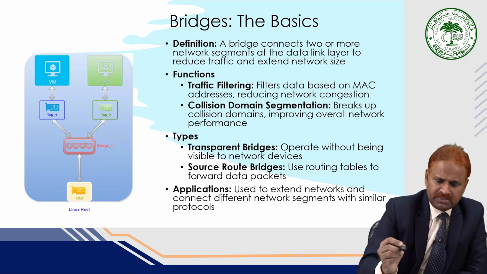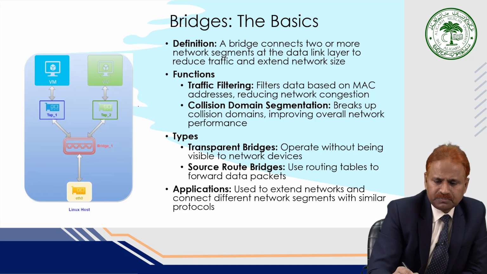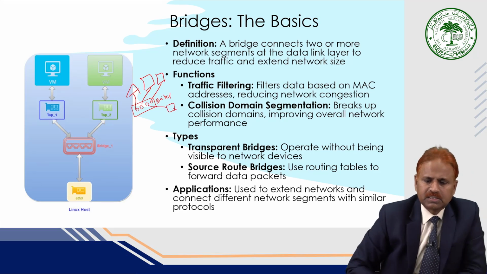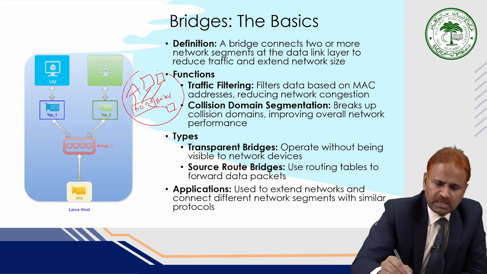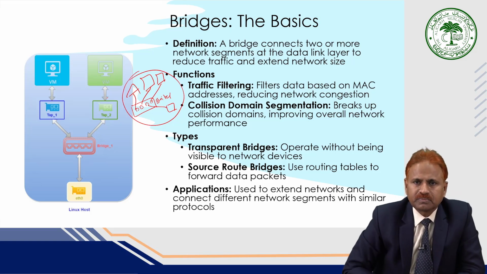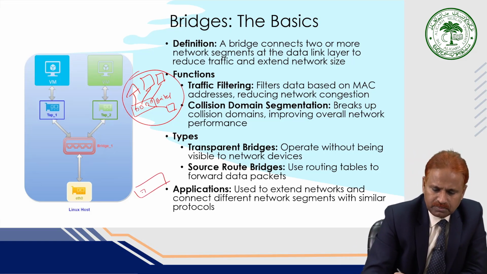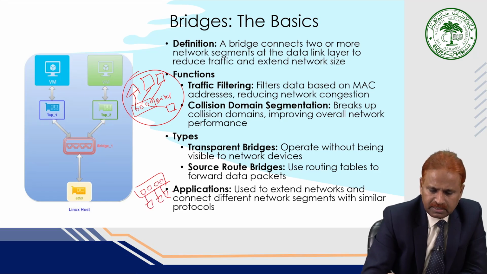Say, for example, we have one network over here. This is the switch, and say 4 or 5 computers are connected with this switch and they form a local area network. Now we have another switch, and some devices connected with this one.